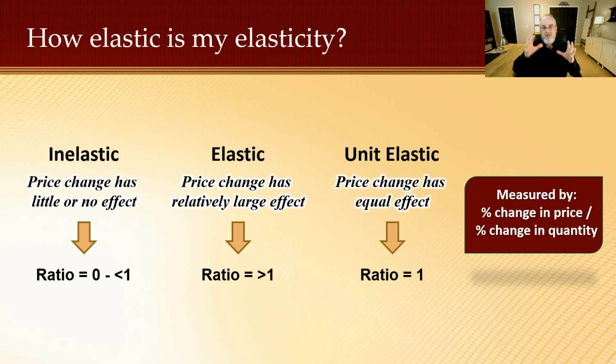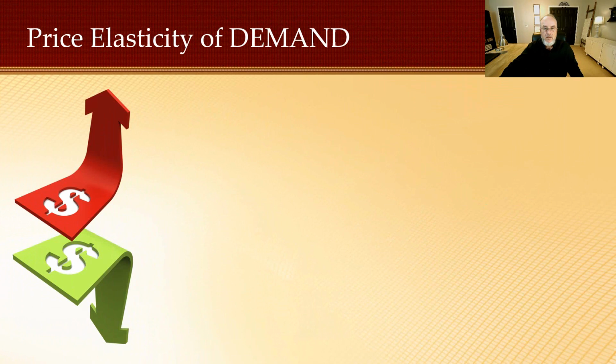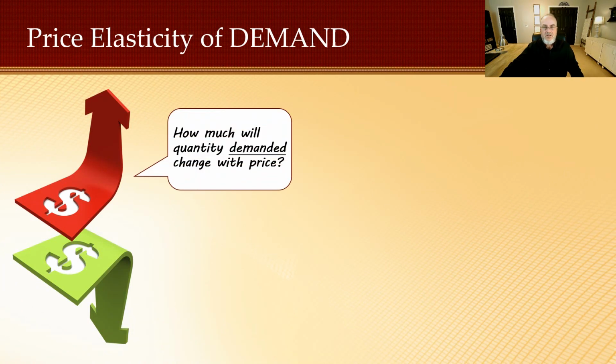Now let's take this basic definition and apply it to both the demand side, quantity demanded, and the supply side. We'll start with demand. So what is price elasticity of demand? The question that buyers and sellers are asking here is, how much will quantity demanded change with the price?